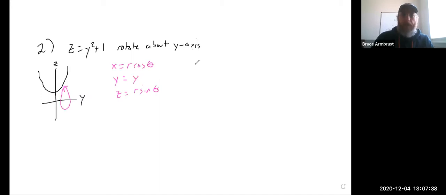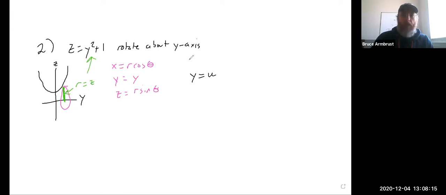Okay, so let's actually start parameterizing it with u's and v's. So for the y, I'm just going to let that one be u. So now if you think about these circles, their radius is actually defined by the z value, right? That right there, that green, that's our radius, which is equal to the z, and the z is y squared plus 1.